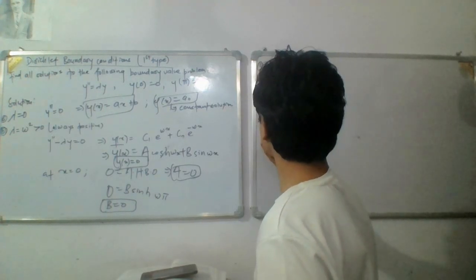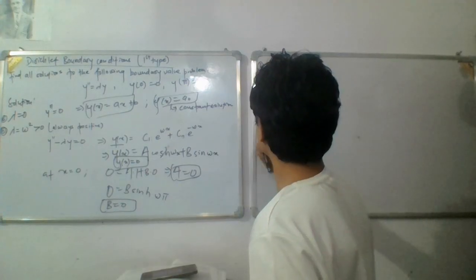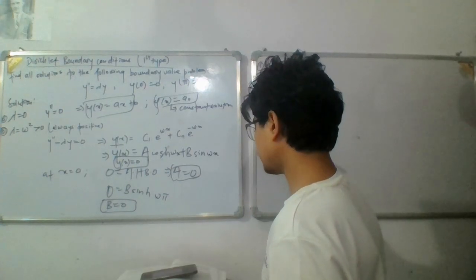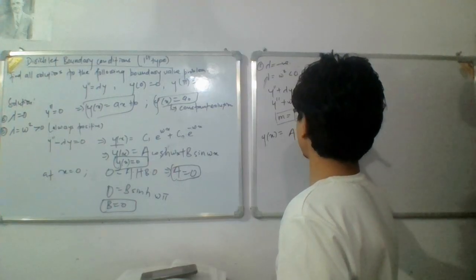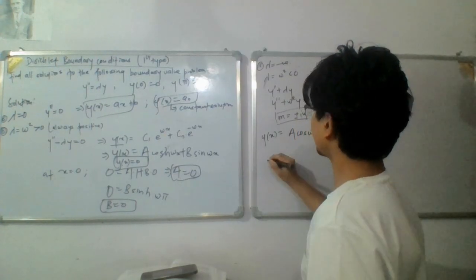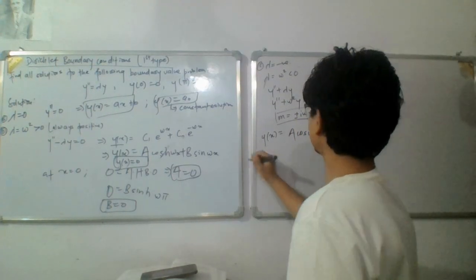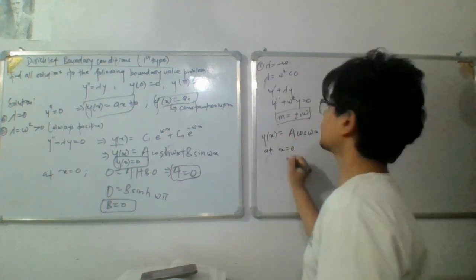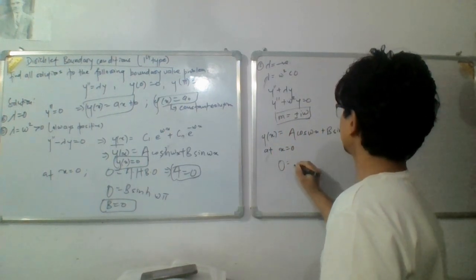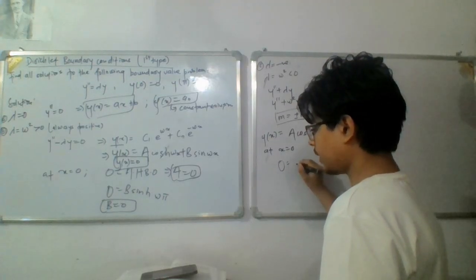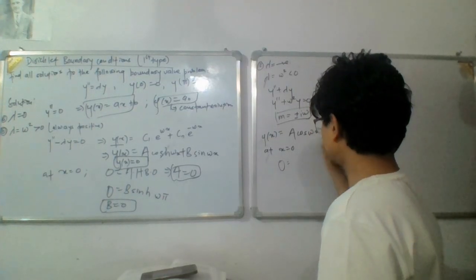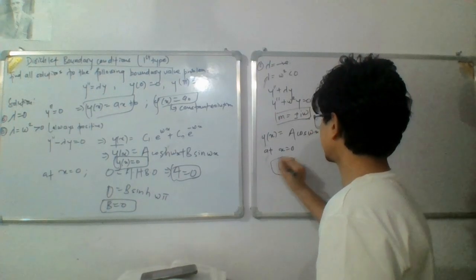As a result, we get the solution y of x equals a cos of omega x plus b sine of omega x. If we write the boundary at x equals 0, the whole thing is 0, and sine 0 is 0. So this is already 0, so a becomes 0.